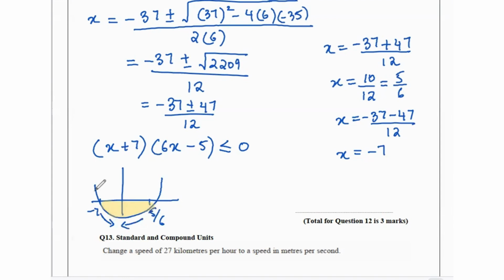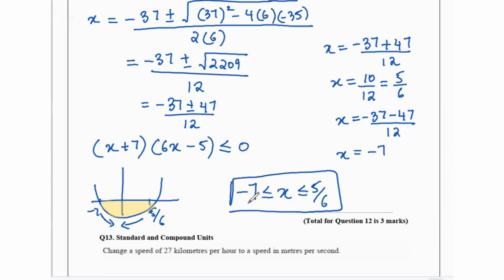As you can see, both the arrows are converging, which means that the range is going to be a joint inequality. It's not going to be a separate one, which shows x is going to be less than or equal to 5 over 6, but greater than or equal to negative 7. This is the way you will write your answer. Compare this with the quadratic equation: if they ask you to solve it, you would have given x equals negative 7, x equals 5 over 6.